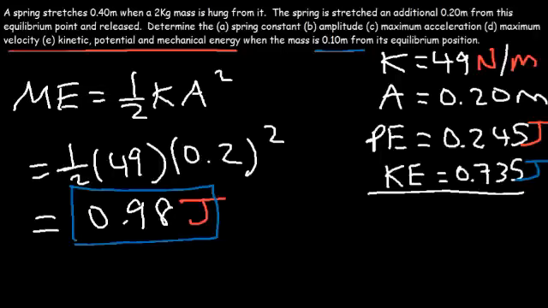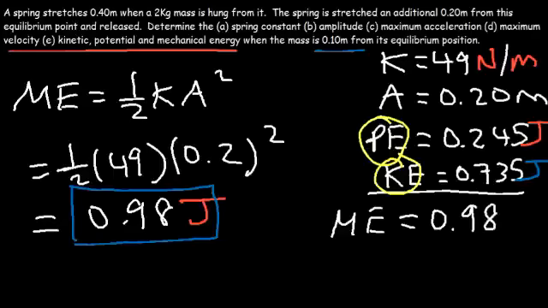Another way in which we could find it is by adding the potential energy and the kinetic energy. So if we add 0.245 plus 0.735, it also gives us the same answer of 0.98 joules.